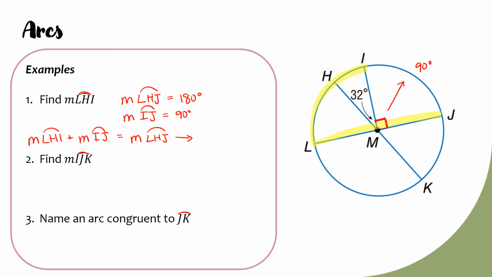The only thing I don't know in this equation is LHI. The measure of arc LHI is my unknown, but I do know that the measure of arc IJ is 90, and they add up to 180. Therefore, the measure of arc LHI is going to have to be equal to 90 degrees.